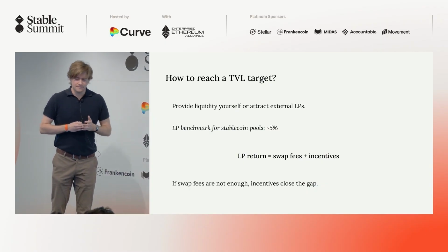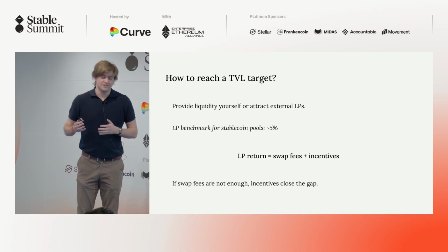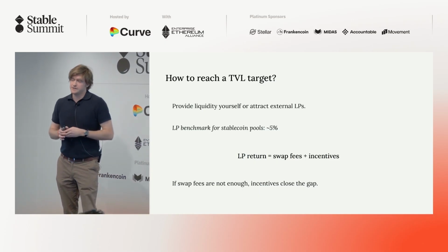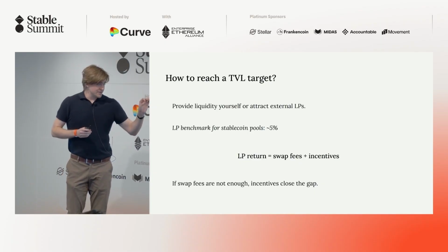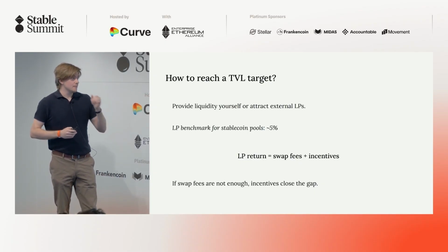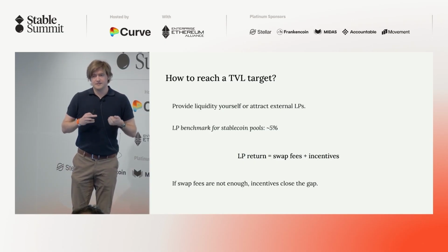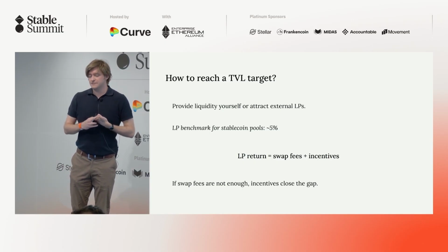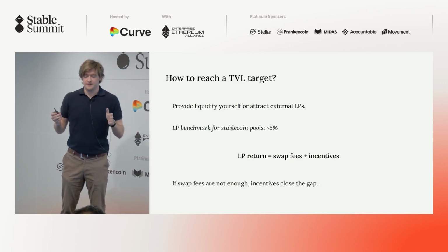Because for the LP return on stablecoin pools, LPs typically expect at least 5%. It might be a bit lower these days in a bear market, but 5% has been a pretty good benchmark for a long time. So you have swaps and you have incentives. Swap fees are typically not going to be enough if you don't have a lot of flow, so then you have to pay for it to get your TVL target.